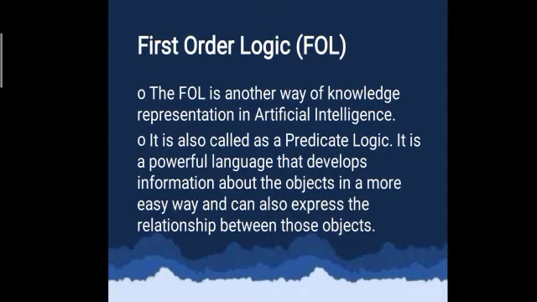So here the concept is that FOL develops the information about the objects, not only the objects, but also the relationship between the objects. It means that the knowledge is represented in the form of objects and the relationship between those objects, and it explains the facts also.